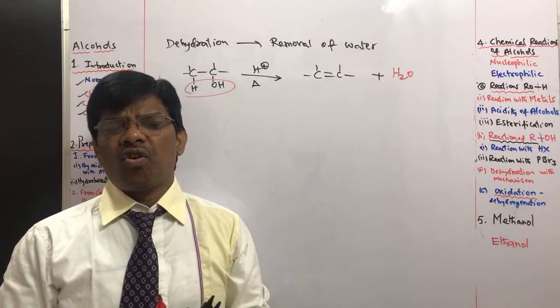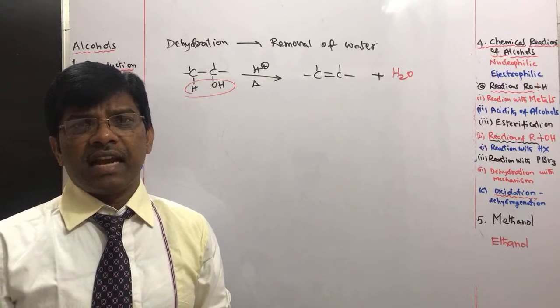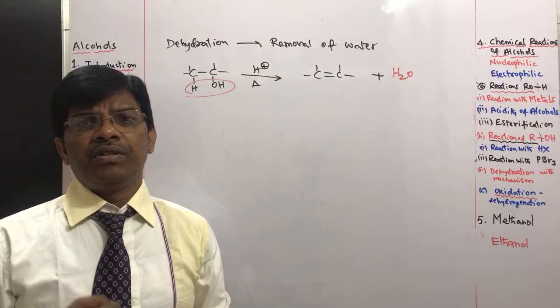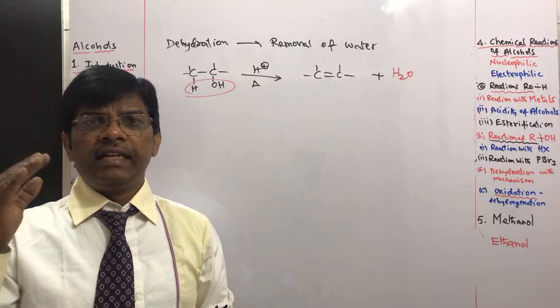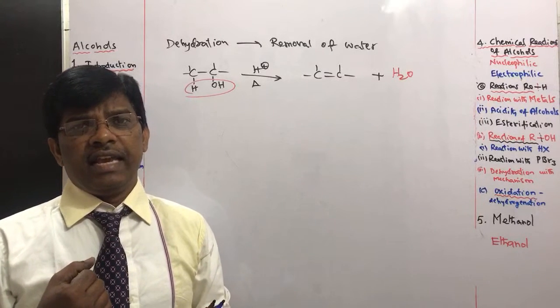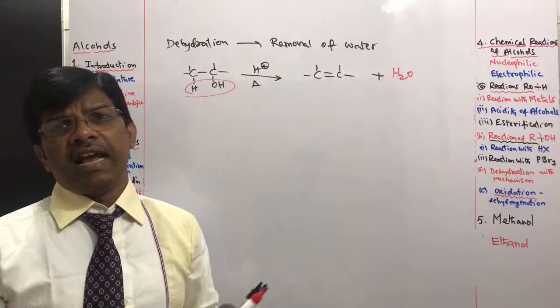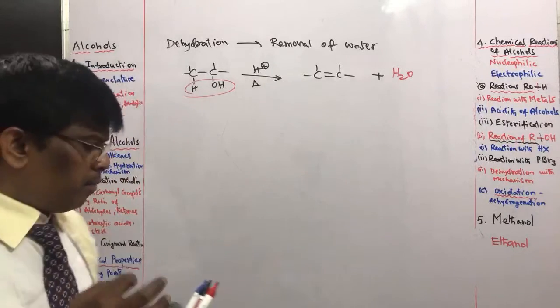It requires strong acid or concentrated sulfuric acid, whereas for secondary you can use simple H3PO4 as an acid at a little temperature. And tertiary alcohols easily undergo dehydration to give alkenes under mild conditions.